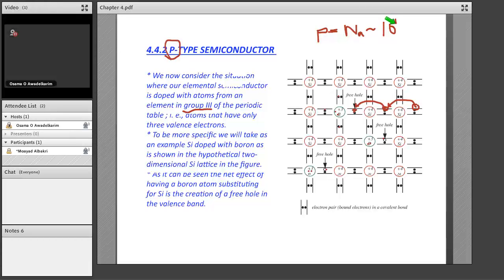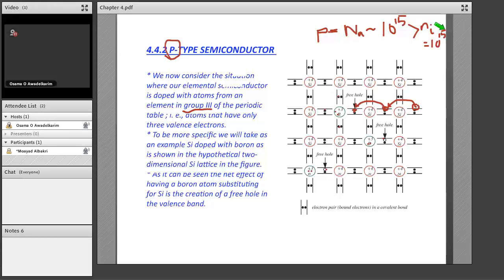Again, what I did here is I increased the number of free carriers from intrinsic to something 5 orders of magnitude larger than ni, which is of the order of 10^10 in silicon. So again, I have reduced the resistivity of this material by 5 orders of magnitude.